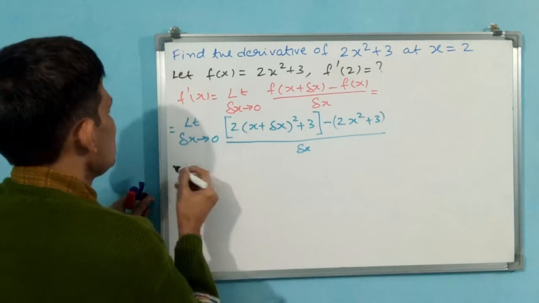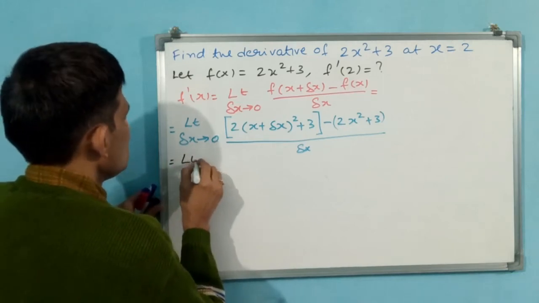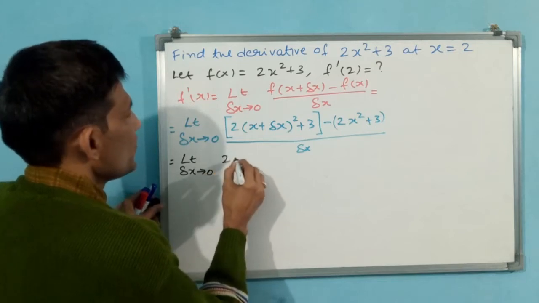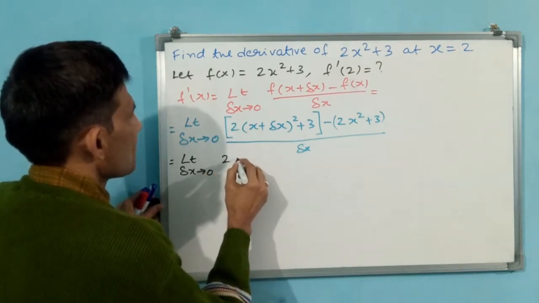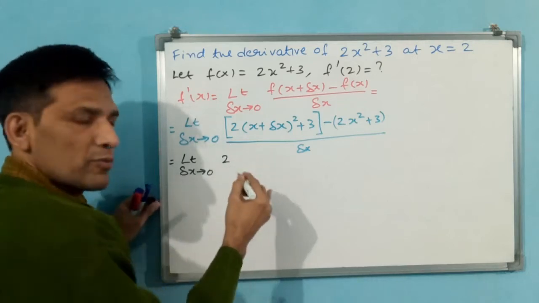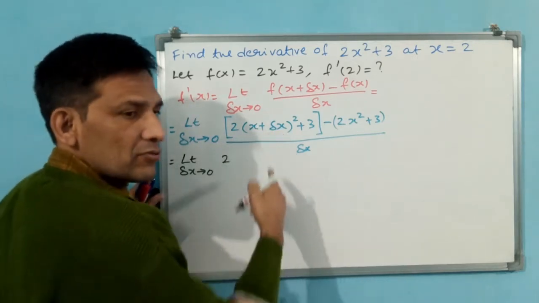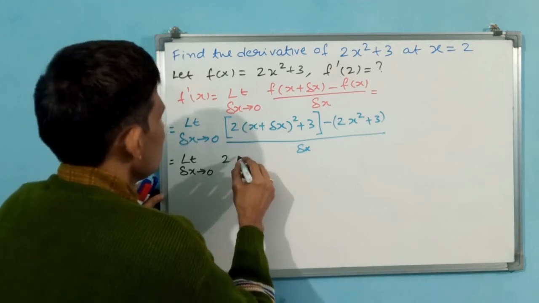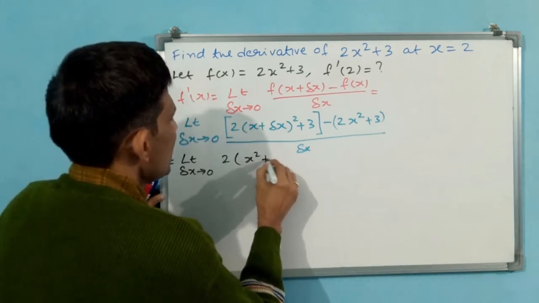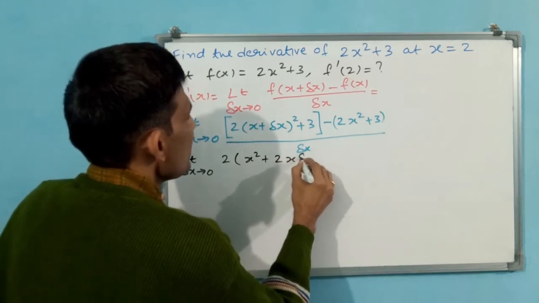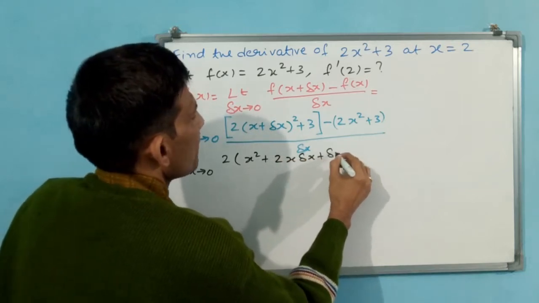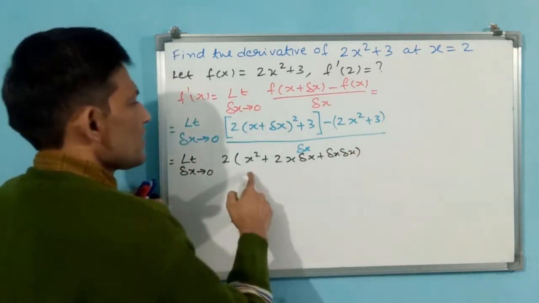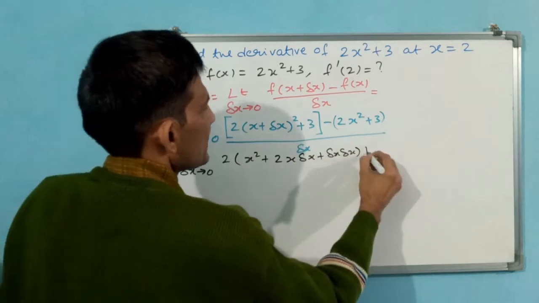Okay, let us expand. That is equal to limit delta x tends to 0, 2 into (delta x square written as delta x into delta x, so no parenthesis), a square plus 2ab plus b square, this one plus 3.